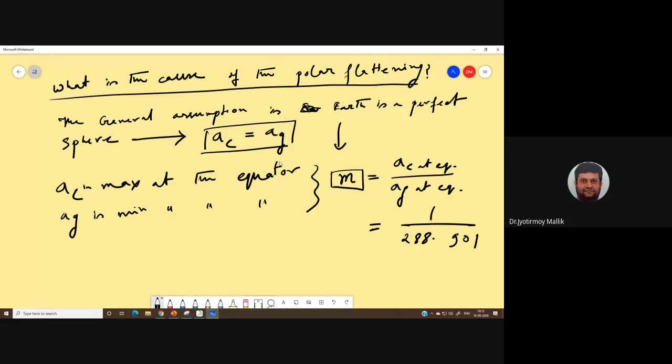The inference is that the distribution of mass, and this is another very important inference that we are going to use in our course.